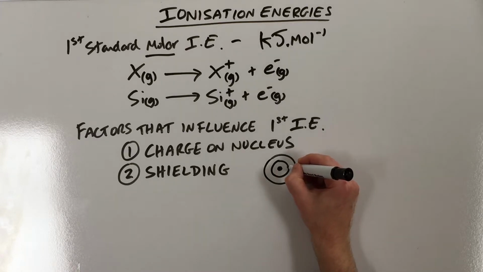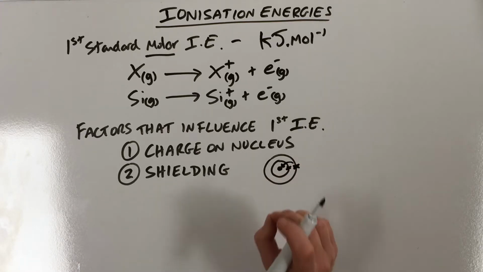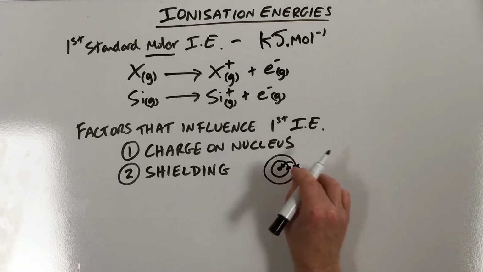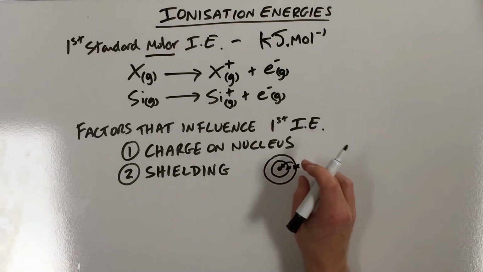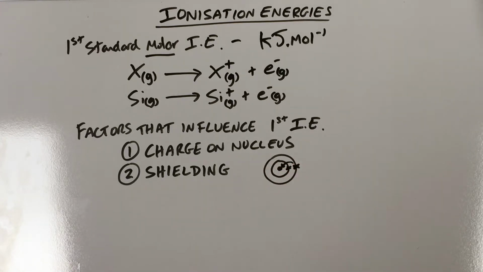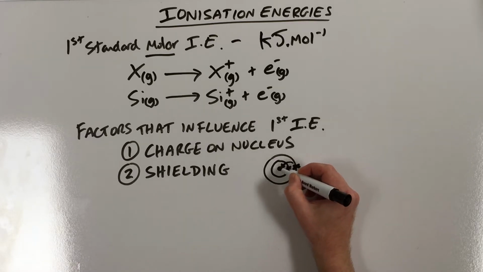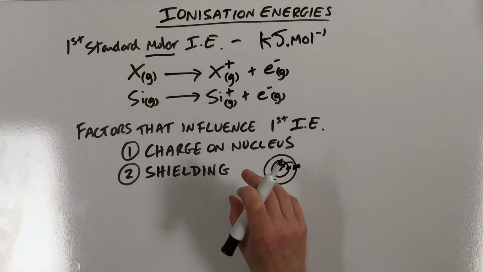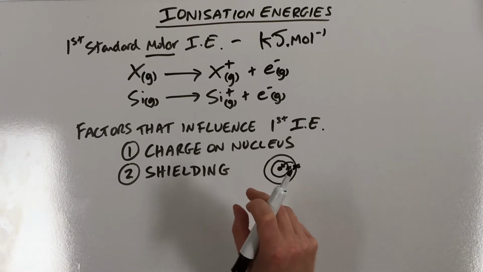The greater the number of energy levels in between the outer electron and the nucleus, the easier it is to remove that electron. They interfere with, sorry, that's the dog in the background by the way, the attraction between this electron you're trying to remove and the nucleus. So shielding plays a massive part in explaining what the ionization energies are.